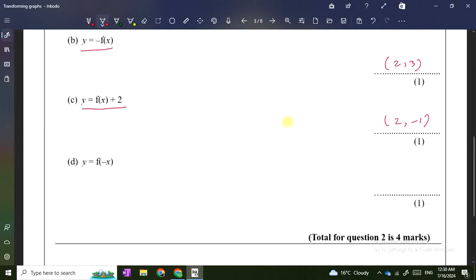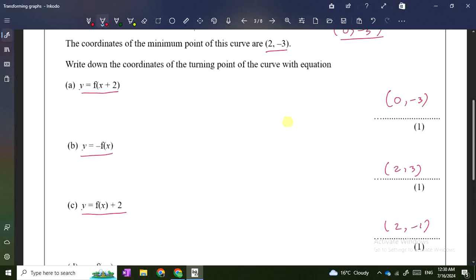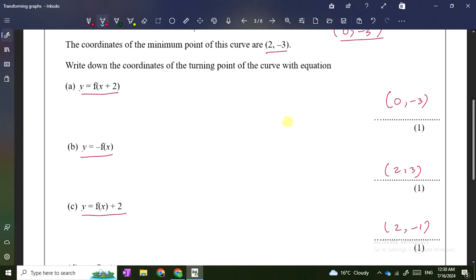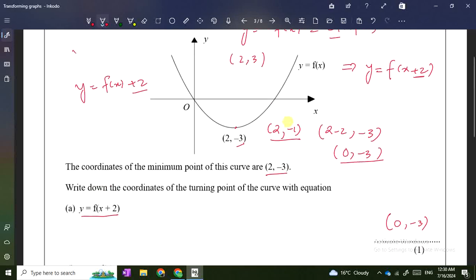Okay, so the last part of this question is y equals f of minus x. f of minus x means f of minus 1 times x. So there is a multiplication of minus 1 inside the function, so you have to do the opposite operation with the x coordinate.